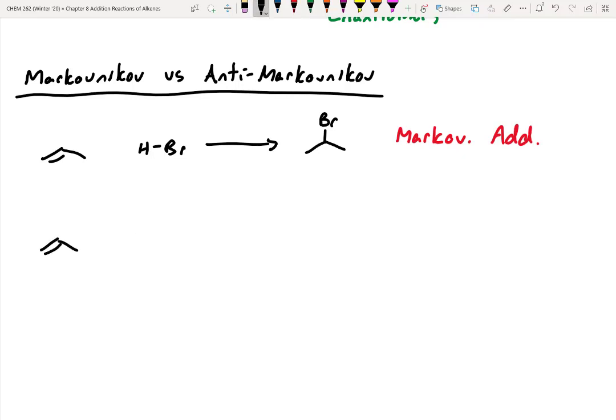The interesting thing with this was in the late 1800s, when chemists were working on this, once in a while, they would get this product where the bromine would actually, let me put it on the other side, just to be consistent. Sorry. Bromine would sometimes end up on the less substituted carbon, and this was called Anti-Markovnikov.